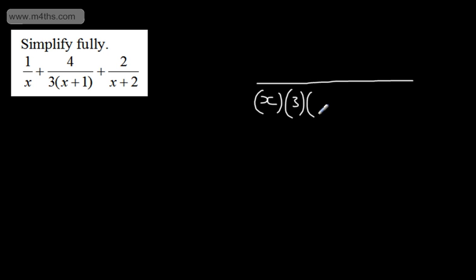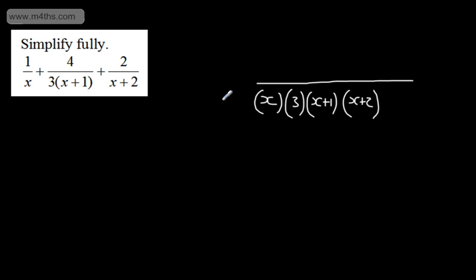But essentially, let's just clear that and we'll do it from here. The lowest common multiple is the product of these 3. So I'm going to have x multiplied by 3 multiplied by x plus 1 multiplied by x plus 2. None of these are common, so this is the lowest common multiple.